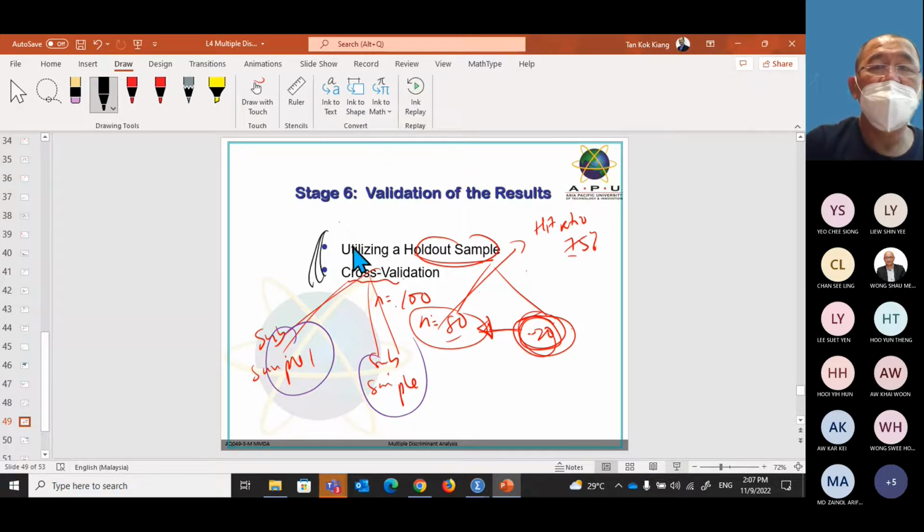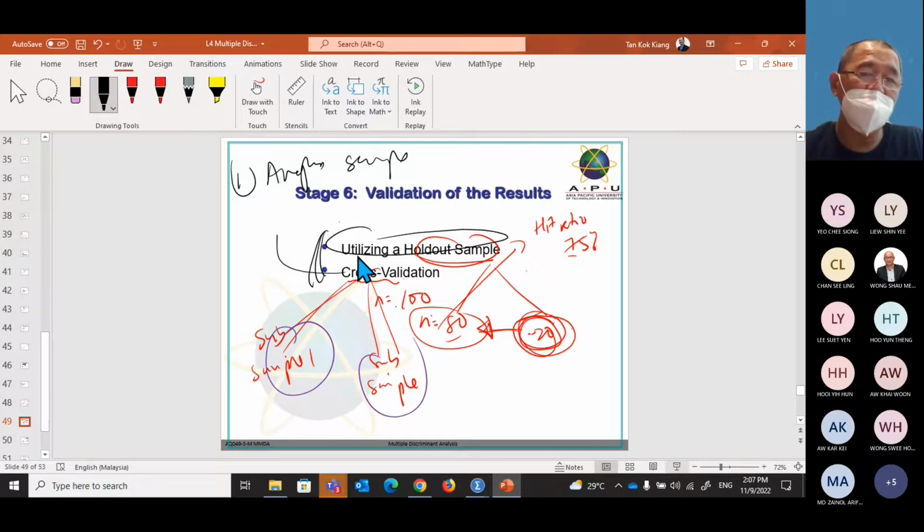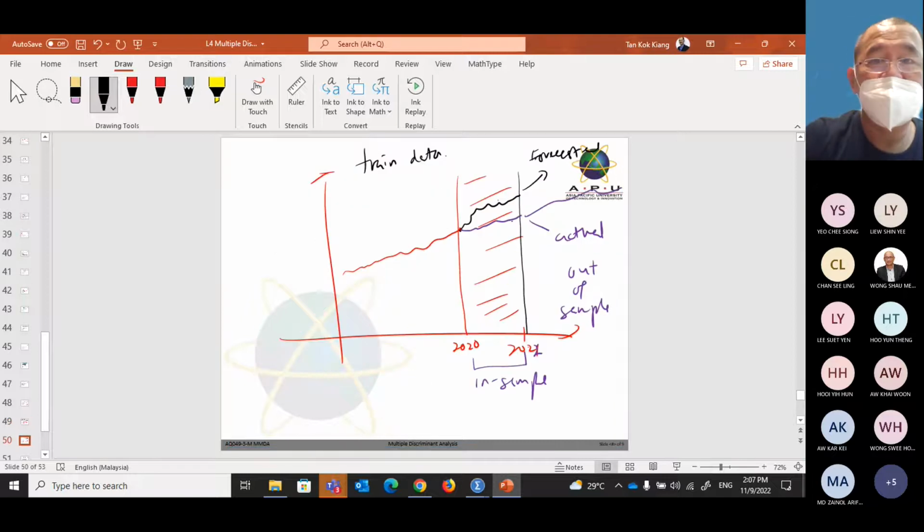Step 1, you analyze the sample, and then you utilize the hold-out sample. Cross validation comes first before we utilize the hold-out sample.